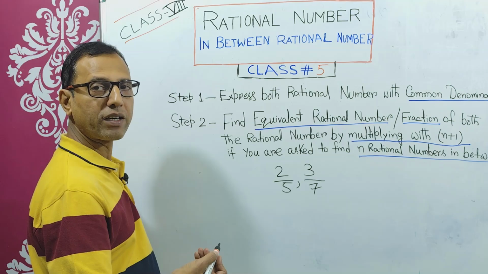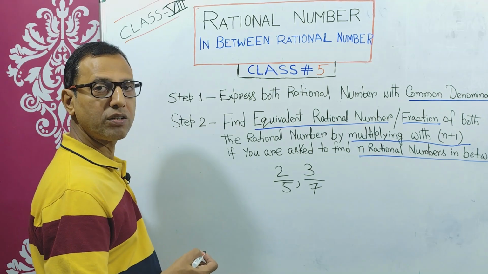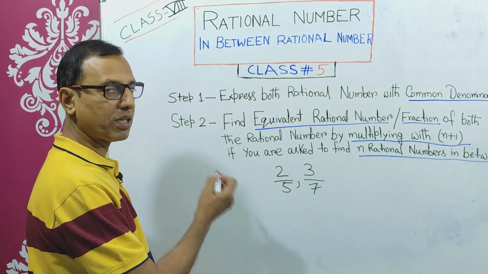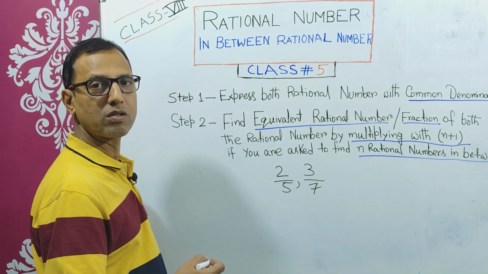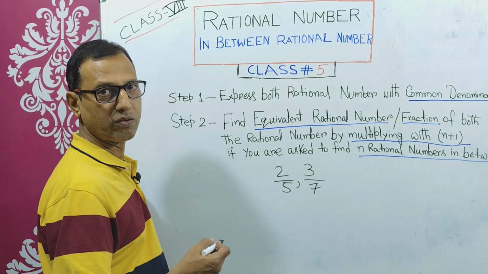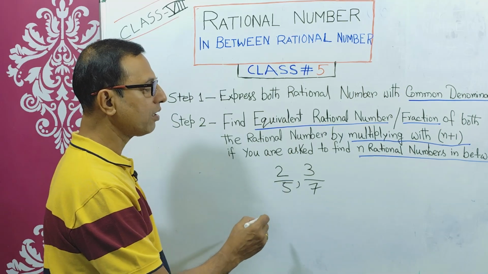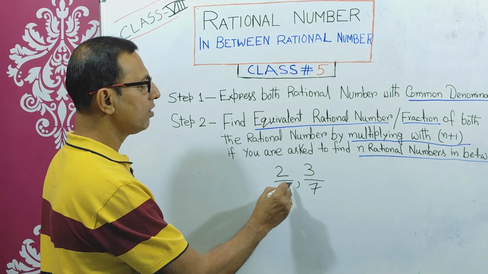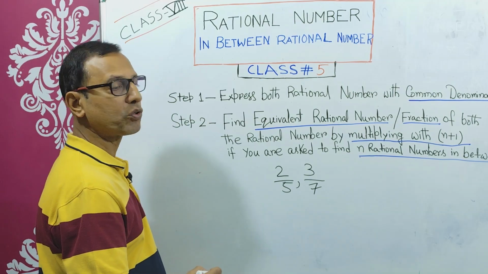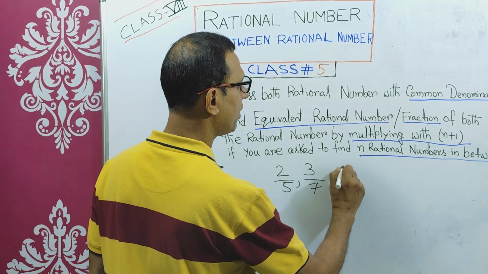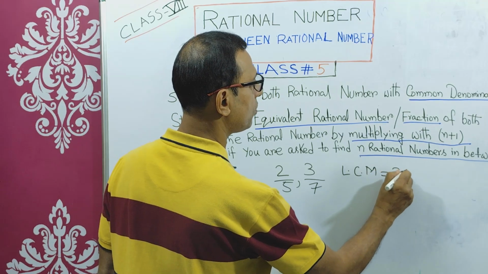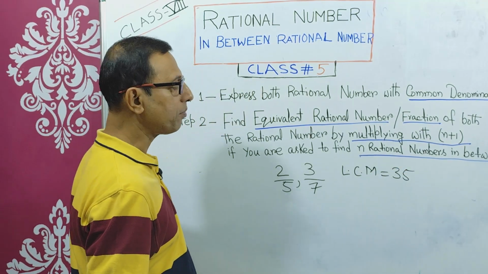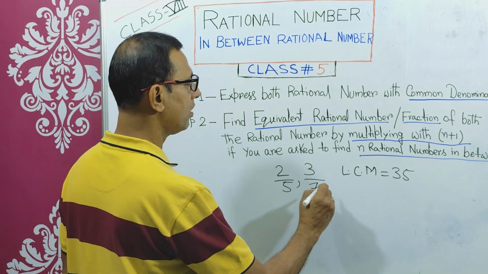As you learned in your earlier class, and in my earlier video where you find the greatest and smallest number or ascending and descending order of rational numbers, you simply take the LCM of both denominators. The LCM is 35. So you need to make 35 the denominator for both rational numbers.